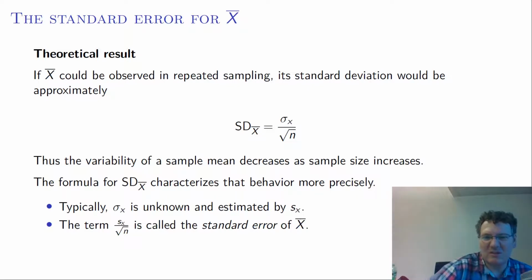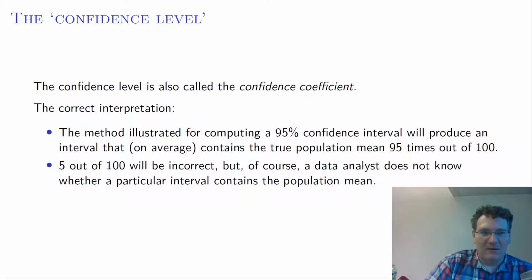We just have the sample standard deviation. So this is called the standard error of the mean, and this is coming from the central limit theorem. We'll talk about it more explicitly later.